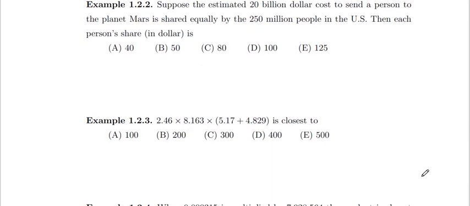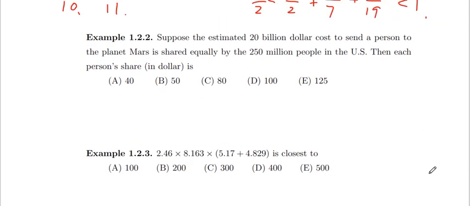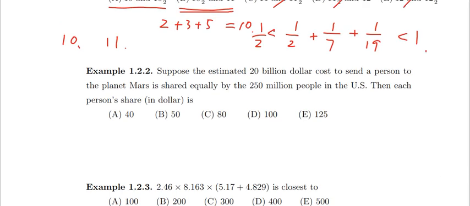Okay. So for big number calculation, usually we will focus on the main part, like here, billion and million. Let's say billion. So what is a billion? What is a million?